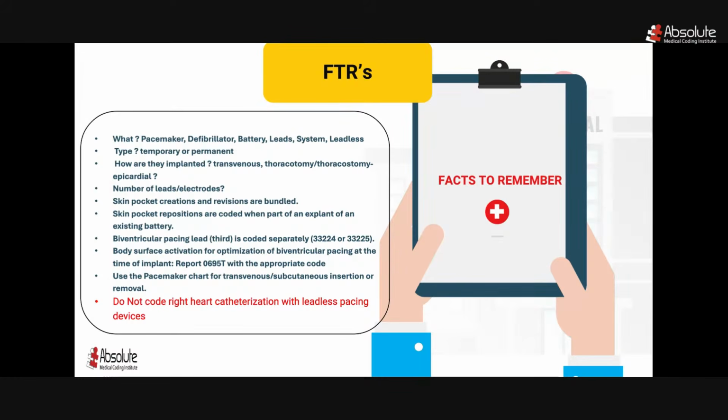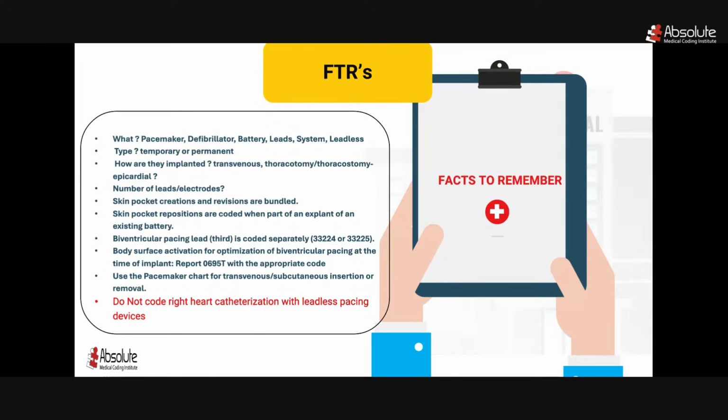Next, number of leads or electrodes. Definitely, we have to know that. We will be doing some exercises based on those guidelines today, so you will get to know why it is important to know the number of leads or electrodes. Next point, skin pocket creations and revisions are bundled. Skin pocket repositions are coded when part of an explant of an existing battery.